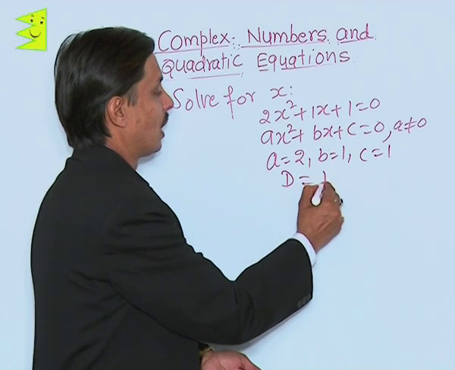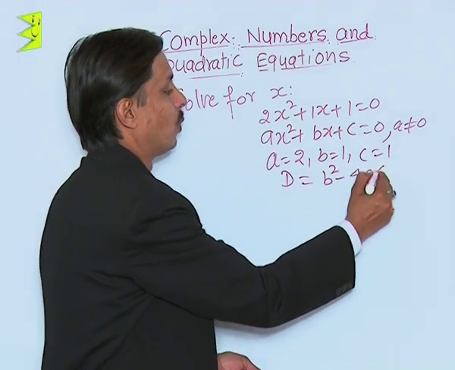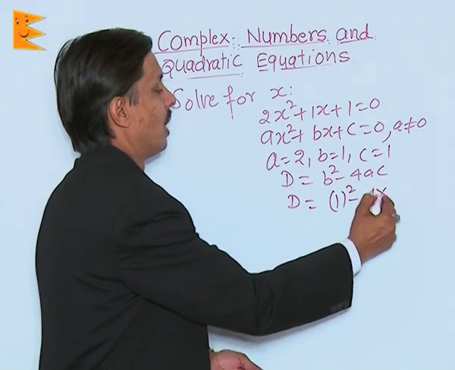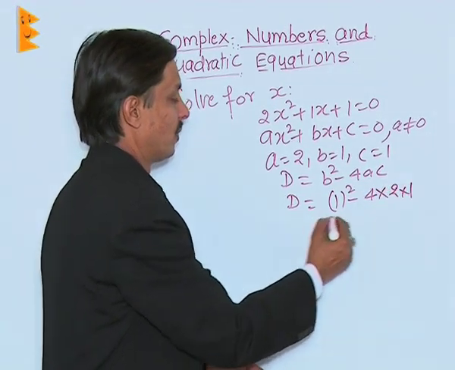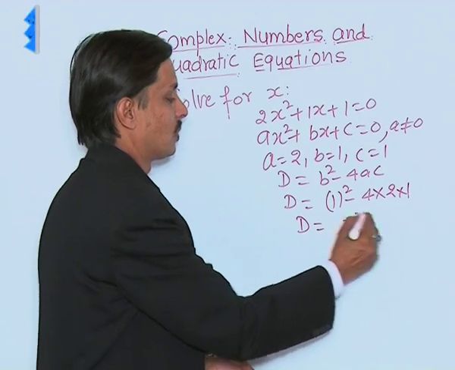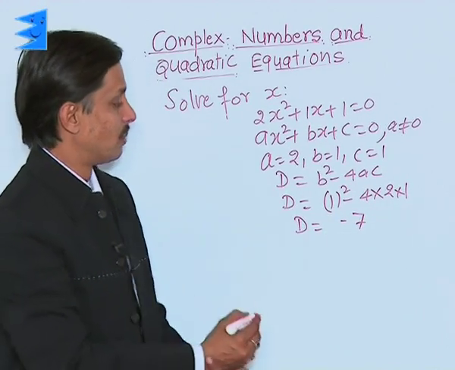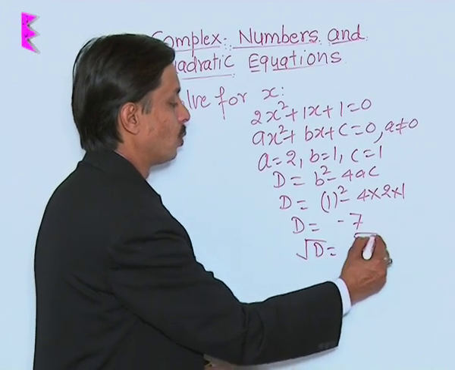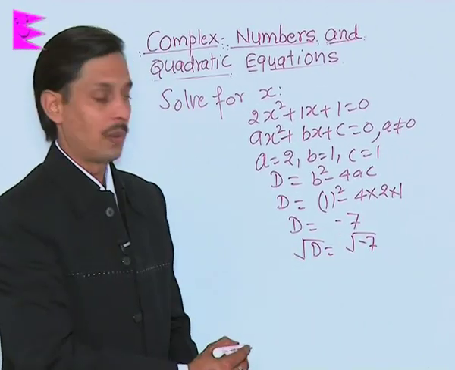So the discriminant becomes b square minus 4ac, which becomes 1 whole square minus 4 into 2 into 1, that is D becomes minus 7. Discriminant is minus 7, so we can say root of D is equal to root of minus 7.